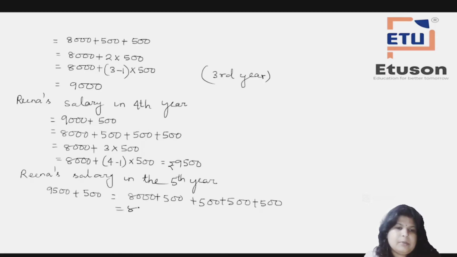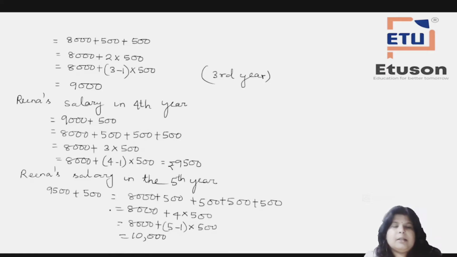So that is equal to 8,000 plus she is getting 4 annual increments, right? So 4 into 500, and that is equal to 8,000 plus, what is 4, that is 5 minus 1, into 500, and your answer is 10,000. So Rina's salary at the beginning of the 5th year is how much? It is 10,000 rupees. Correct?